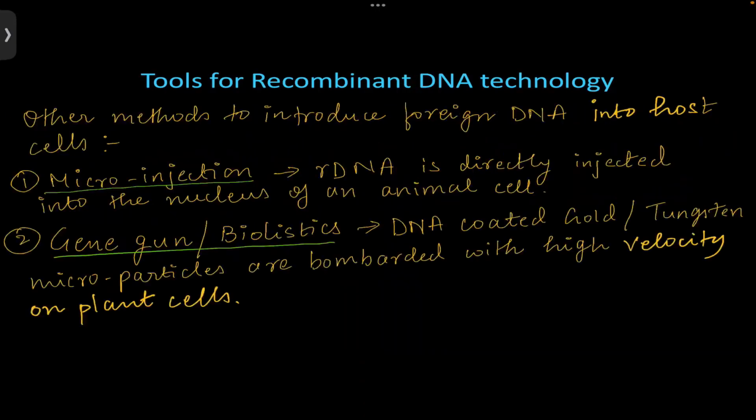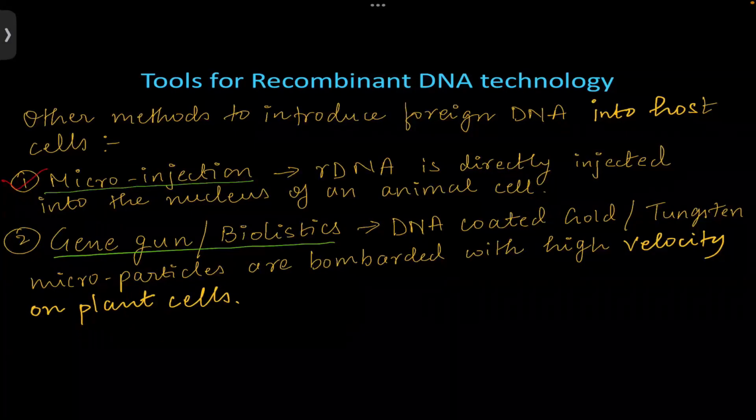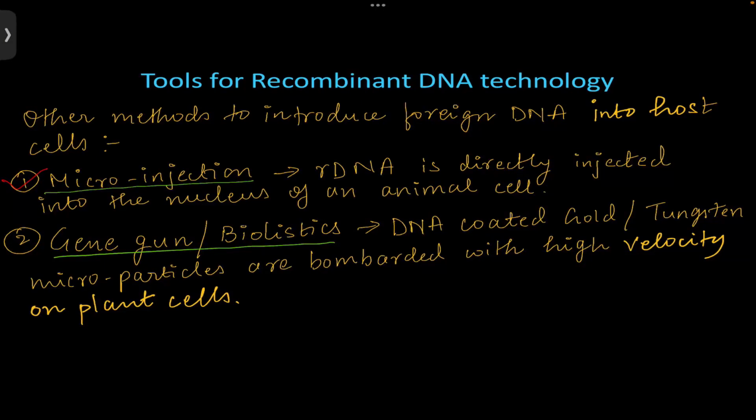Now there are other methods to introduce foreign DNA into host cells other than the steps that I just described. One of these methods is microinjection, where the recombinant DNA is directly injected through a fine needle into the nucleus of the animal cell. So this is usually done for animal cells or mammalian cells.